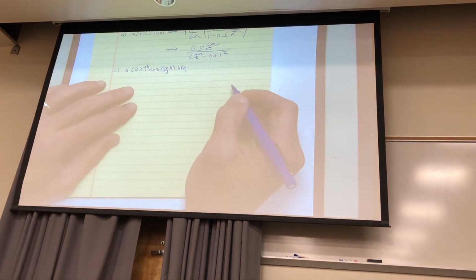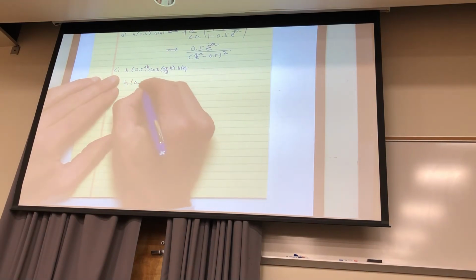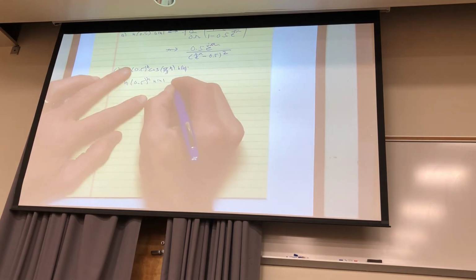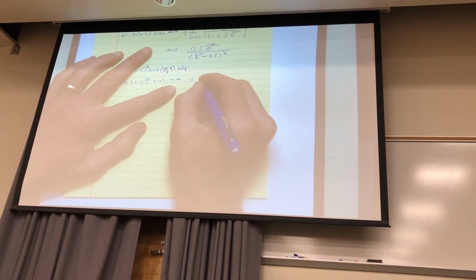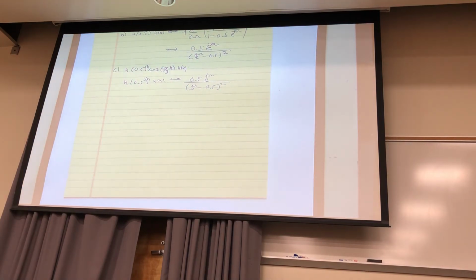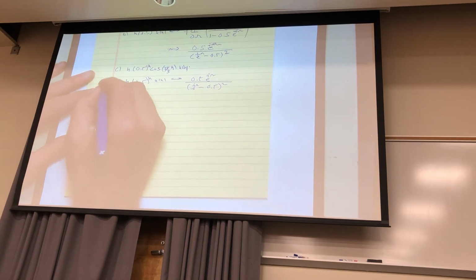We'll do, let's see, I'll do this one. I know that n times 0.5 to the n u of n, the one you just did above, goes to 0.5 times e to the j omega over e to the j omega minus 0.5 squared. I'm going to go with that one first. And what I'm going to do is call this function x of n now.